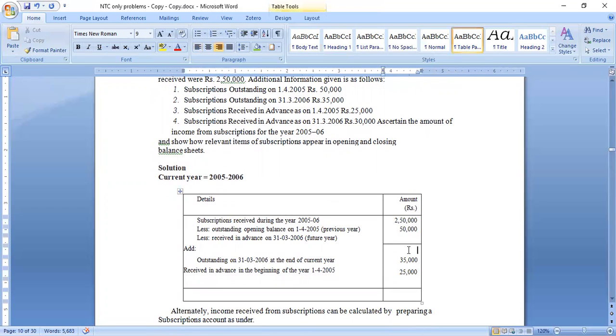So what are the final balances? Future amount is 30,000. So we have to deduct 80,000 out of 2,50,000. 1,70,000 is the balance, and to this 1,70,000 we have to add the 60,000 rupees, 35 and 25. It comes around 2,30,000.